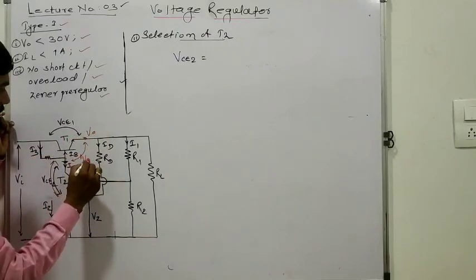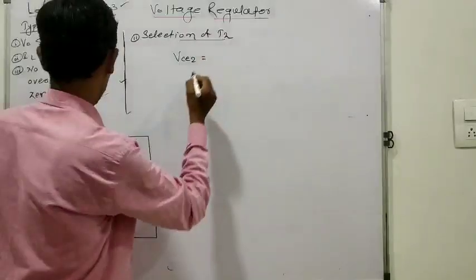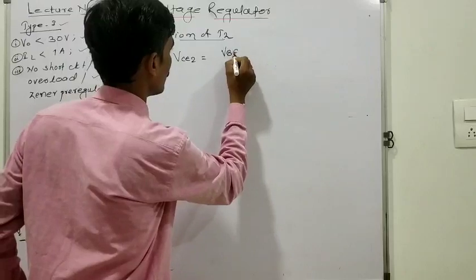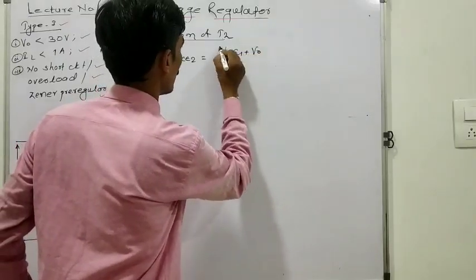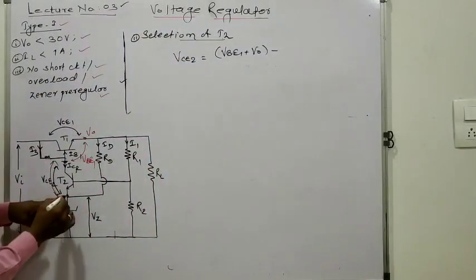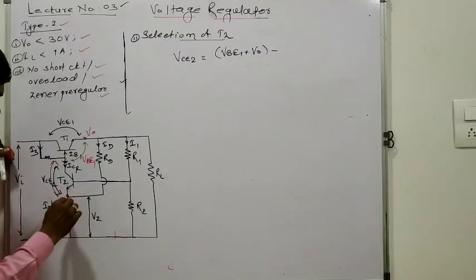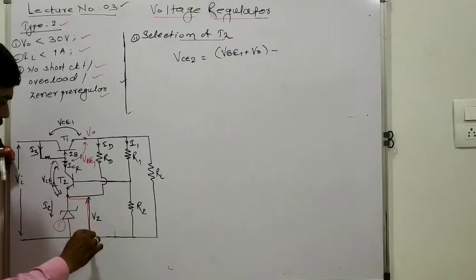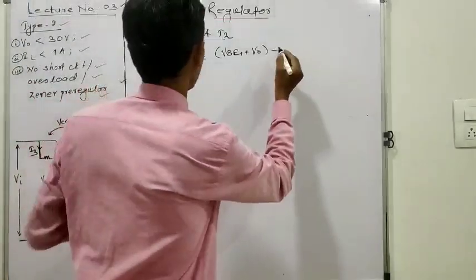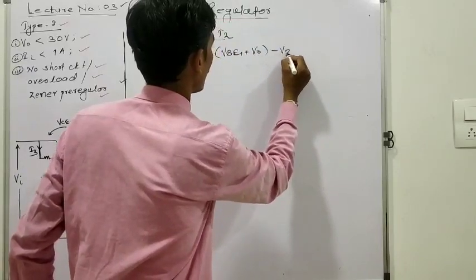So this value is VB1 plus VO, minus the voltage available at the emitter point, which is Vz, the voltage across the Zener. So we can write VCE2 is equal to VB1 plus VO minus Vz.